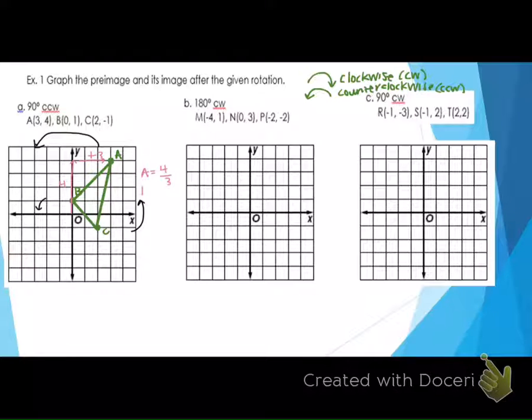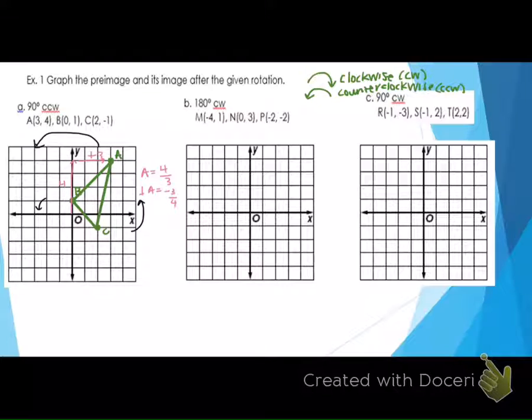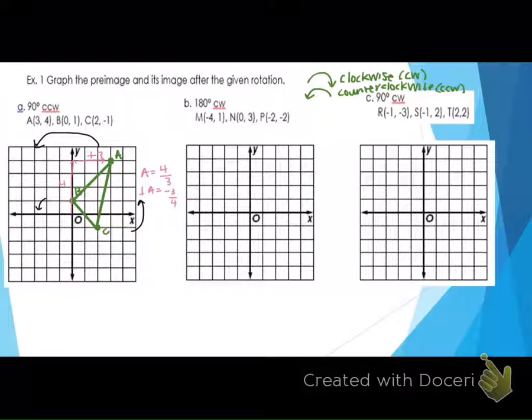What would the perpendicular slope of A be? Good, Logan. So we know that A needs to end up where? Which quadrant does it need to end up in? Quadrant 2. So we need to do the opposite reciprocal slope because we're rotating.